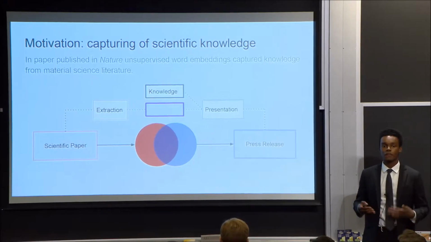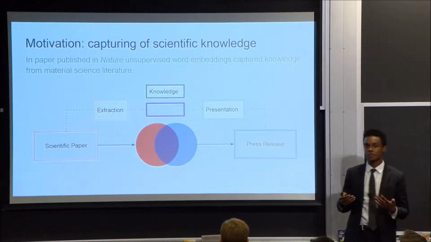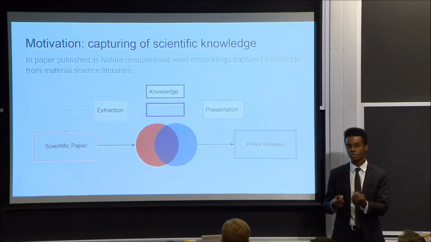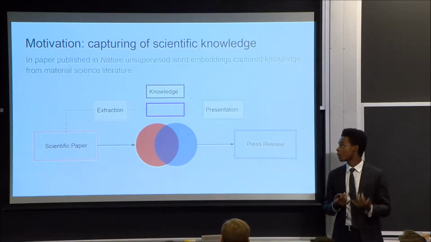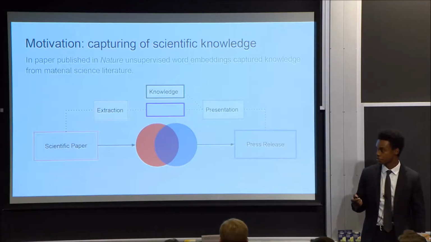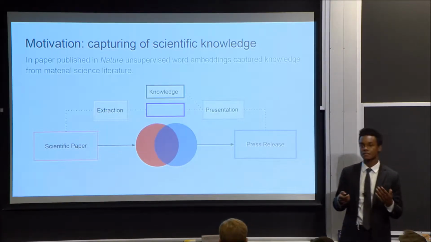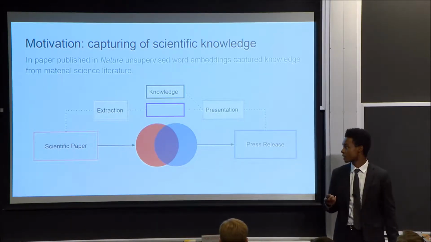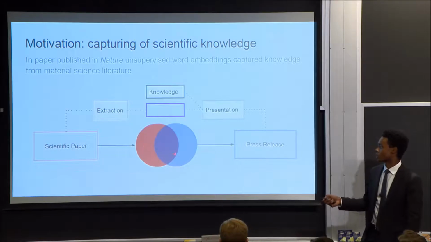Furthermore, one motivation for this capturing of scientific knowledge is inspired by a recent work published in Nature, where unsupervised word embeddings were able to learn significant scientific concepts through training on material science literature. Namely, embeddings for periodic table elements were able to identify properties and relations between different elements. And so this inspires the following pipeline.